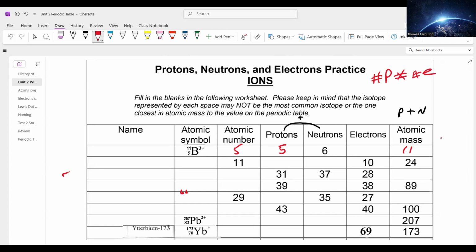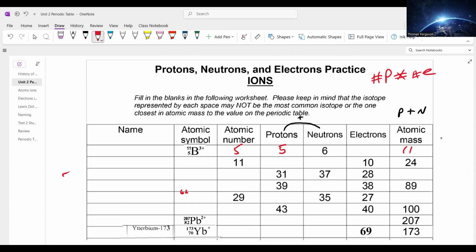So for boron to have a +3 charge, what makes this 2? So this would be 3. Okay, you can't change that. That's totally off limits. Electrons can change. In fact, that's what happens in all the chemistry except for nuclear chemistry.